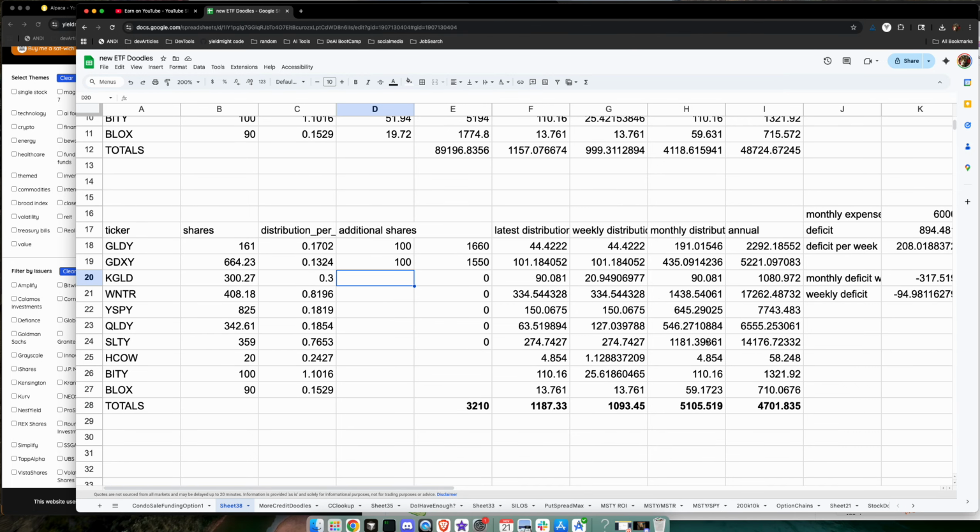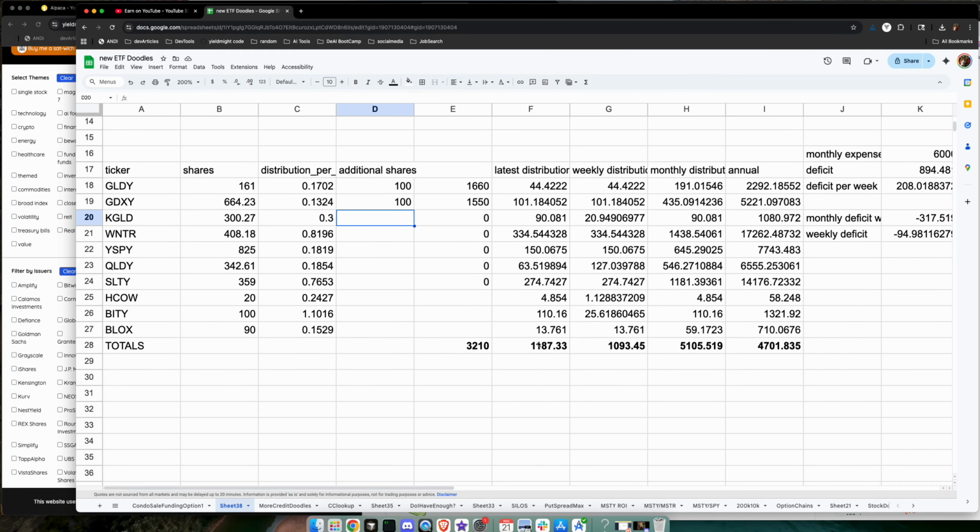And then what I can do is in my dividend tracker, I will basically say in gold, and this will be GLDY and GDXY. Eventually it'll be KGLD.